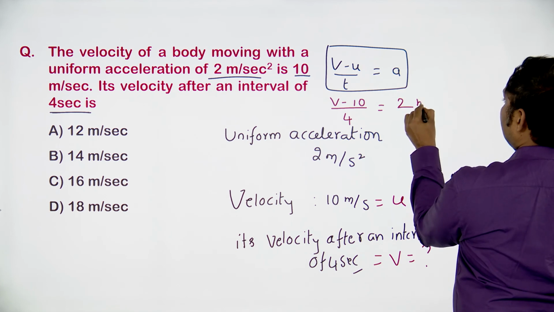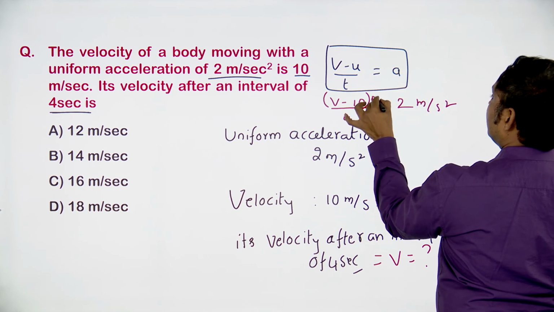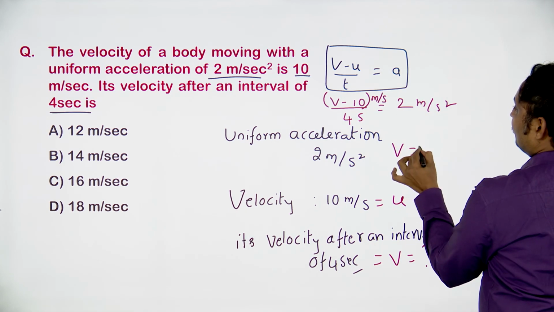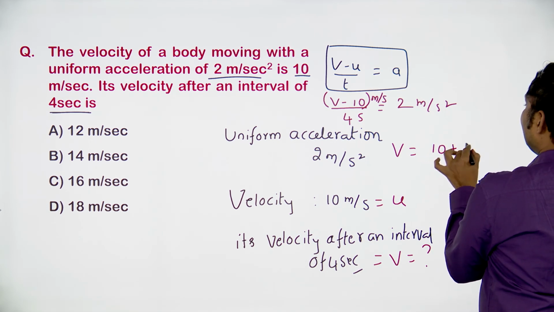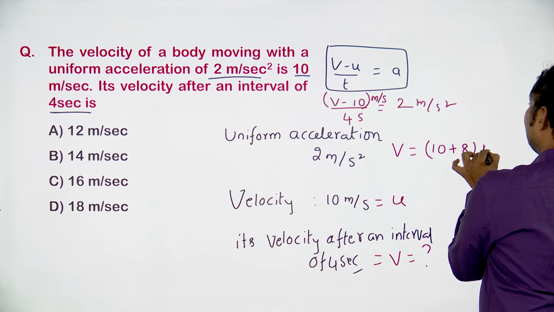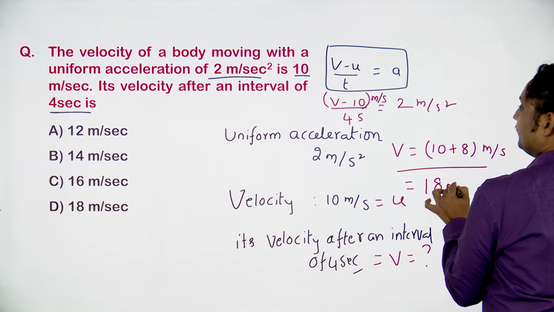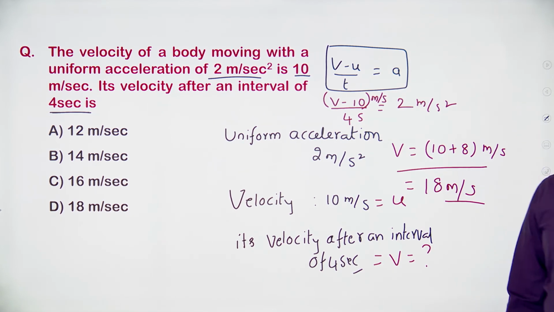Yes, 2 meter per second square times 4 seconds gives meter per second. You will get V is equal to 10 plus 8 meter per second. It's very easy, that is going to be 18 meter per second. Easily you will solve this problem.